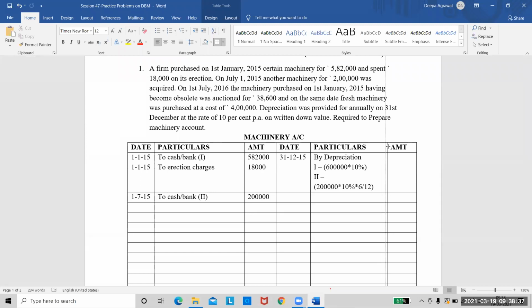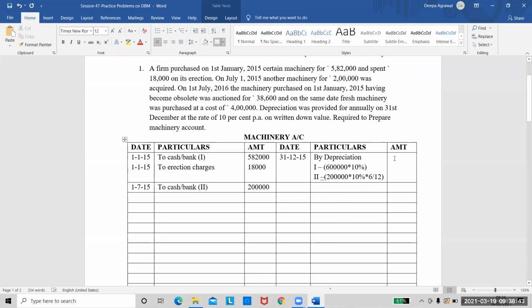Now let us write the amount. So coming to the amount for the first machinery, depreciation would be 60,000. For the second machinery, it would be 10,000. Yeah, because it is 6/12, no? 6 months. So my depreciation part is over. Right? Now what do I need to do? I need to put my balance for the first year.